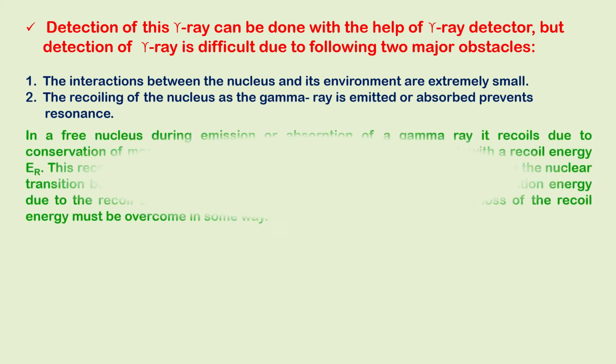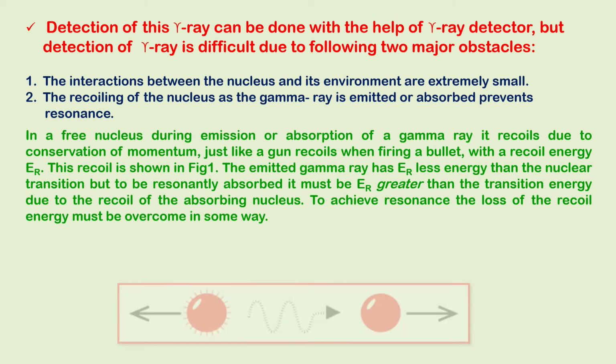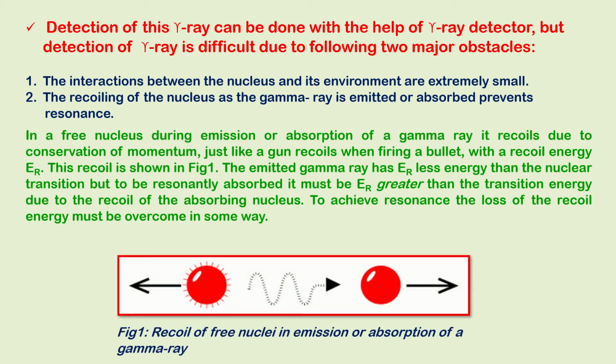For better understanding, a free nucleus during emission or absorption of a gamma ray recoils due to conservation of momentum. Means the frequencies of emission and absorption do not remain the same, just like a gun recoils when firing a bullet, with the recoil energy ER. ER is the recoil energy. This recoil is shown in figure 1, which shows the recoil of free nuclei in emission or absorption of a gamma ray.